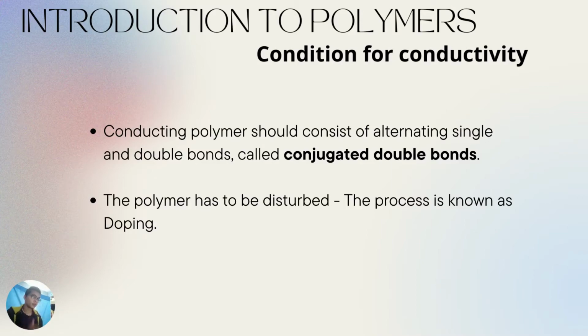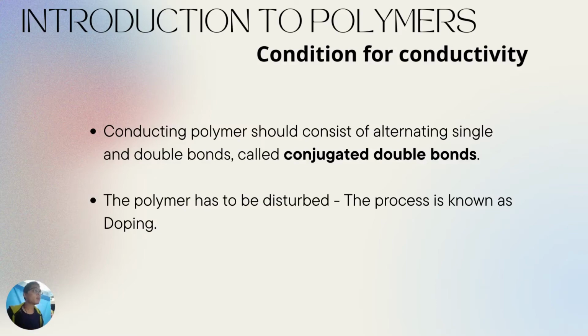So first is a single bond, then a double bond, then a single bond and again a double bond. This conjugated arrangement of single and double bonds in a chain results in conjugation. So if a polymer has to be a conducting polymer, its chain must have conjugated double bonds, that is a consecutive sequence of single and double bonds throughout the chain.